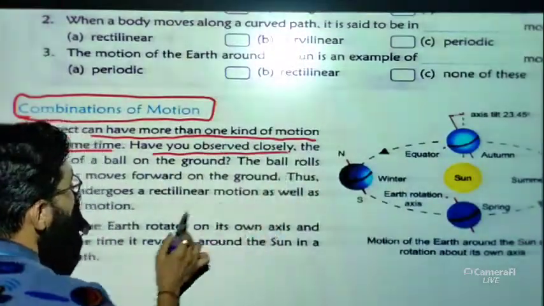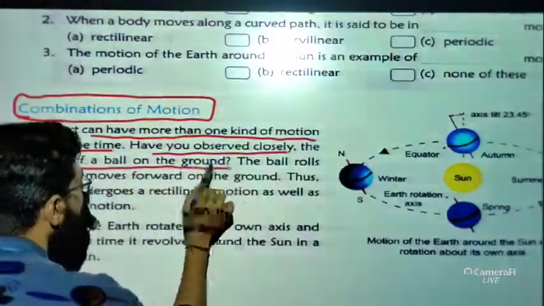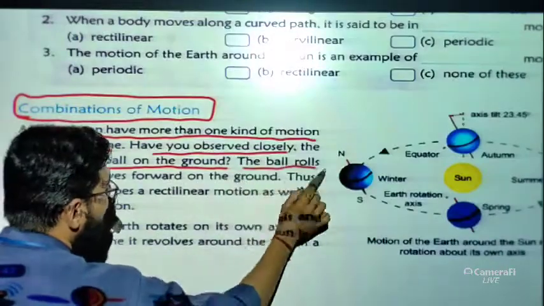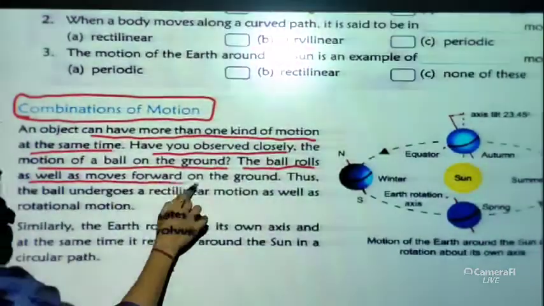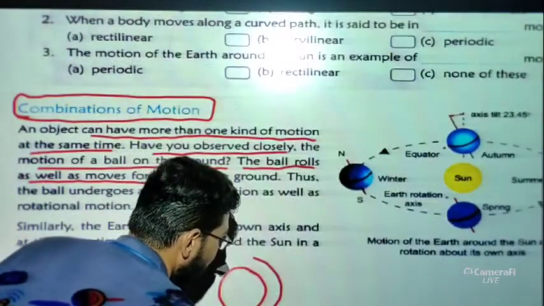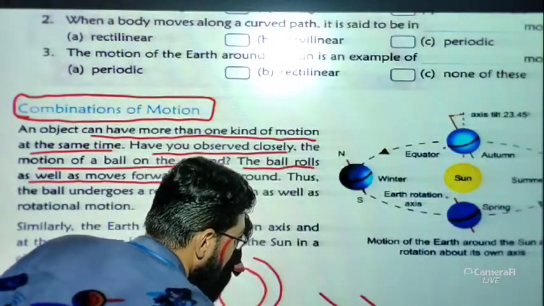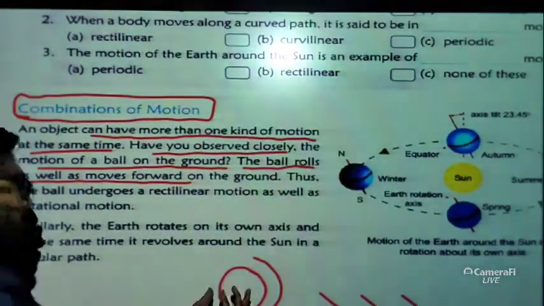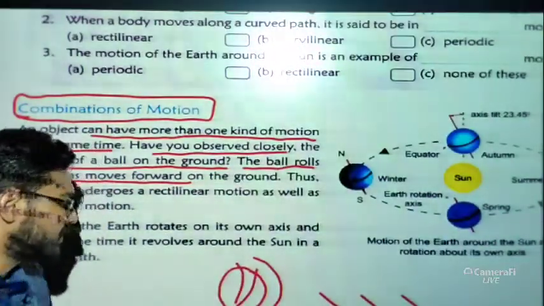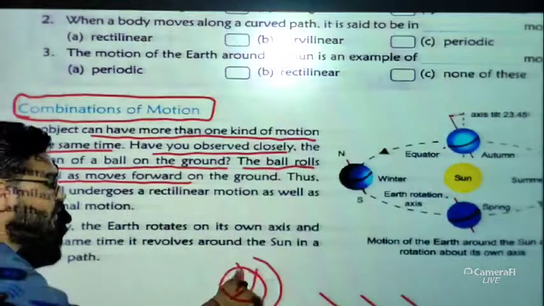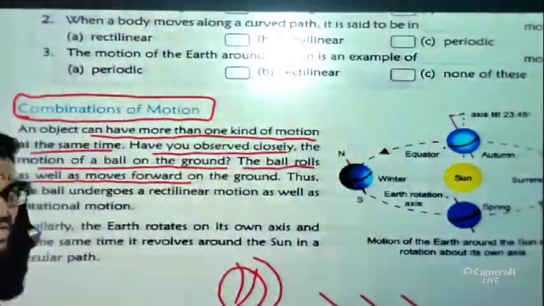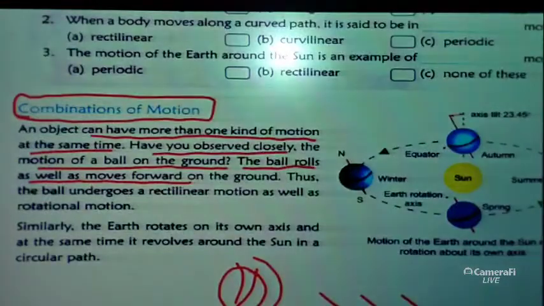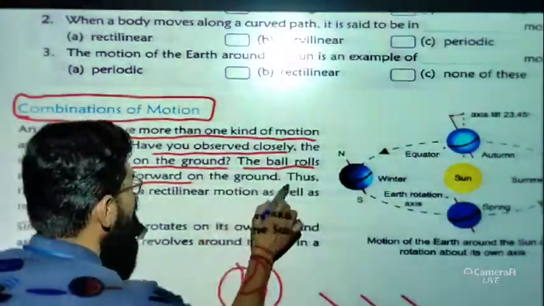Now have you ever observed closely the motion of a ball on the ground? The ball rolls as well as moves forward. The ball will roll itself and it will go forward. So you can easily find out that two kinds of motions are there.